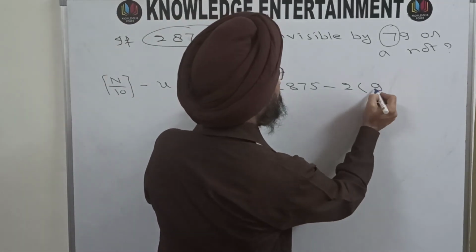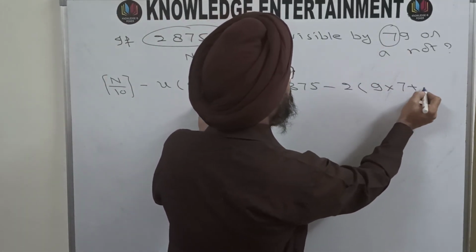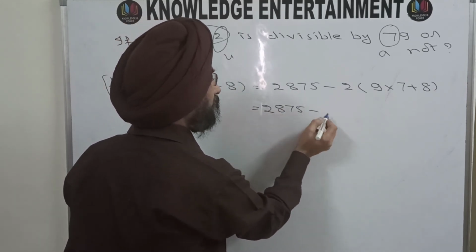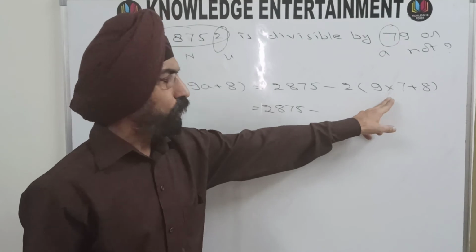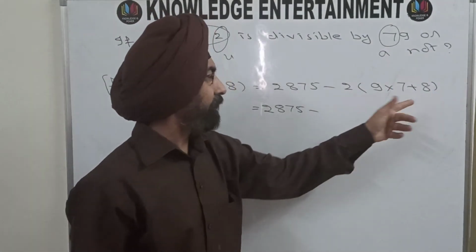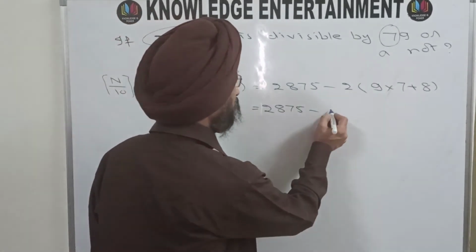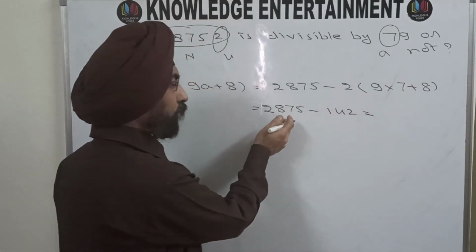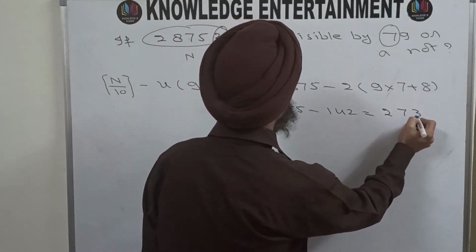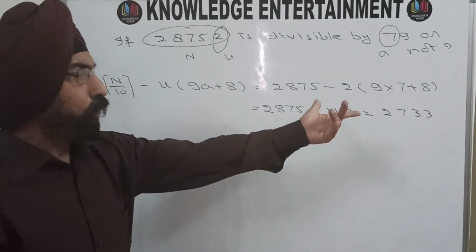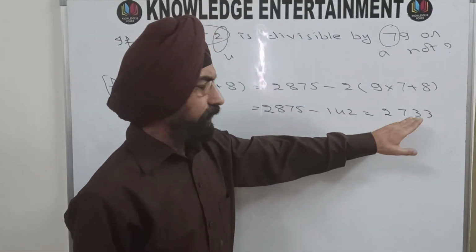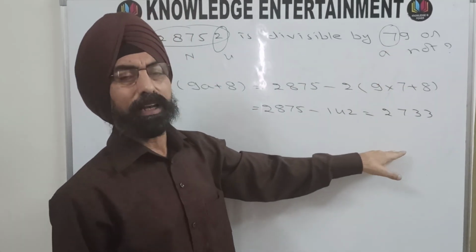So 9a + 8 is 9 into a, which is 7, plus 8. So what you are going to get is 2875 minus, 9 into 7 is 63, 63 plus 8 is 71, and 71 into 2 is 142. So subtracting 142 from this number, you will get 2733. This is your new number, but still it is not easy to check whether this number is divisible by 79 or not. So we'll have to repeat the process.